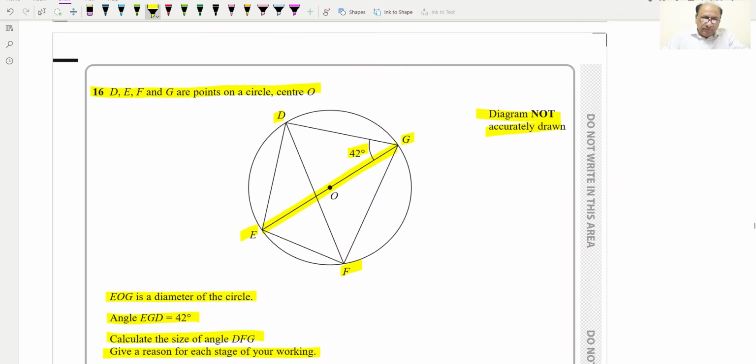This is a 4-mark question basically. Now first of all we can consider this triangle, and in this triangle we know it is a triangle in a semicircle, so angle EDG will be 90 degrees.